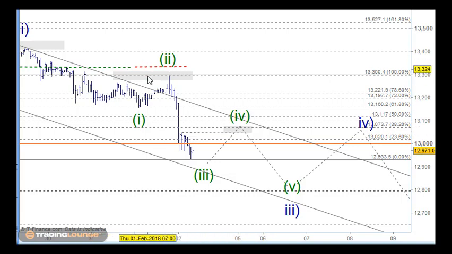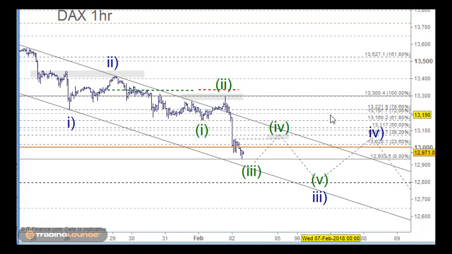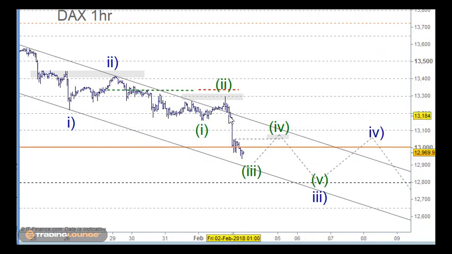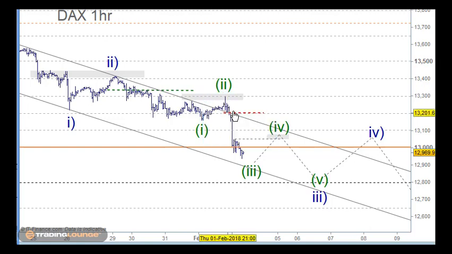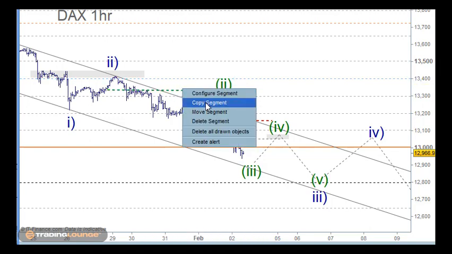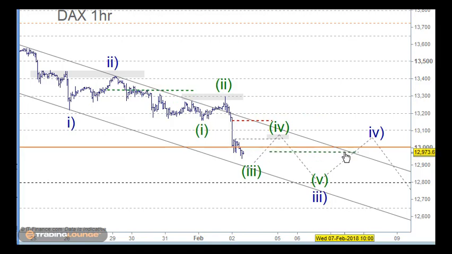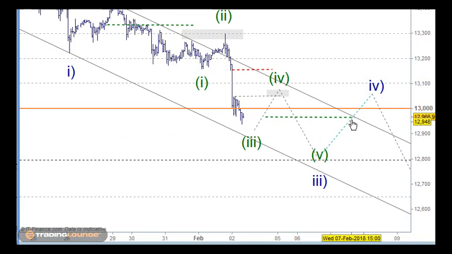What we can do here as well, let me just clean this up a little bit. First of all, we can move our stop down now. Let's just keep it out of the way for the time being. And we could also look to move in again. It's a little bit tricky here because of this particular trade.